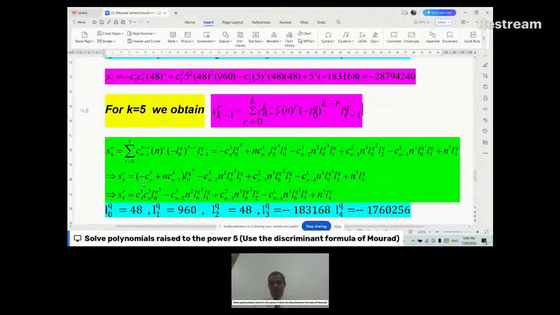Okay, so S4 is equal to negative combination n choose 5 plus n combination n minus 1 choose 4 times L0 for the q all raised to the power 5, minus combination n minus 2 choose 3 times n squared times L0 for the q raised to the power 3 times L1, plus combination n minus 3 choose 2 times n cubed times L0 for the q raised to the power 2 times L2, minus combination n minus 4 choose 1 times n raised to the power 4 times L0 for the q raised to the power 1 times L3, plus n raised to the power 5 times L4 for the q.